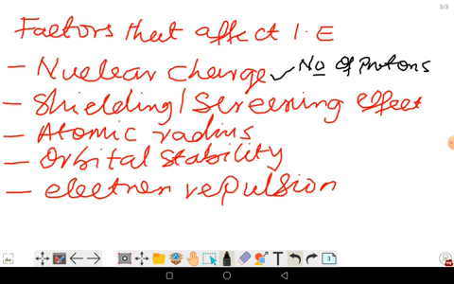Then shielding or screening effect is the ability of the inner electrons to cover the outer electrons from the nuclear charge. When there is a lot of shielding on the atom, the ionization energy will go down. Then atomic radius: the higher the atomic radius, the lower the IE.